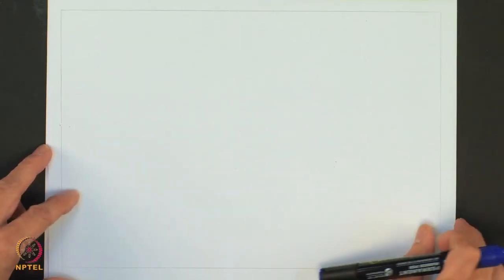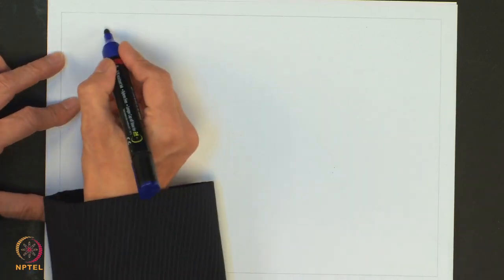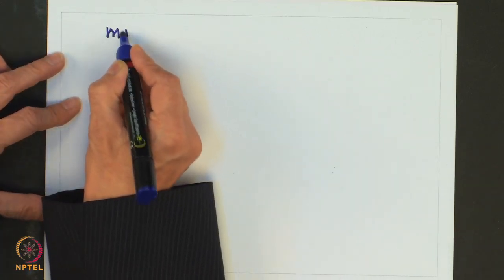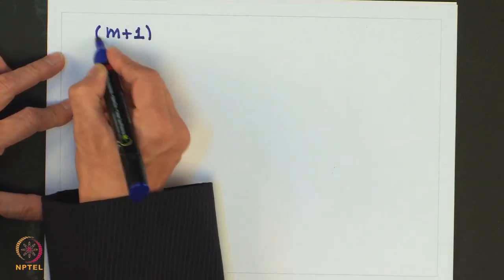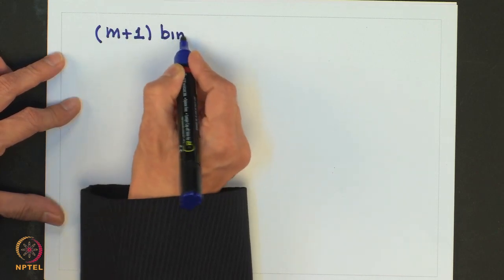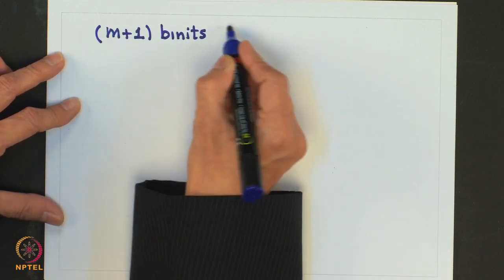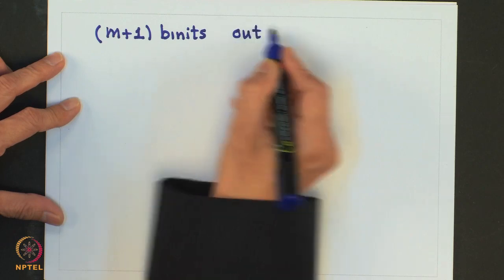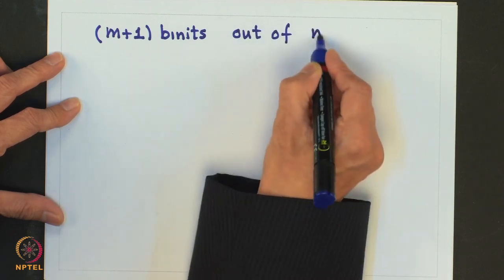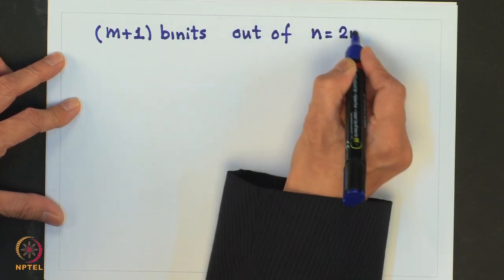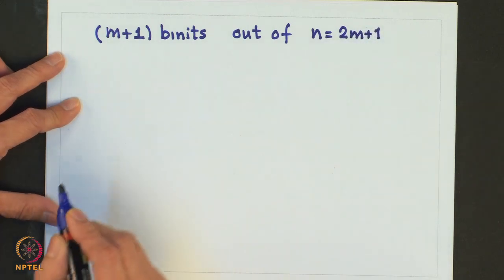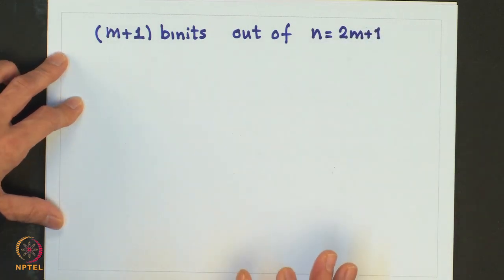So, in such a case, for an error to occur, it is required that m plus 1 or more bits out of n bits, which is equal to 2m plus 1, should go wrong, correct.